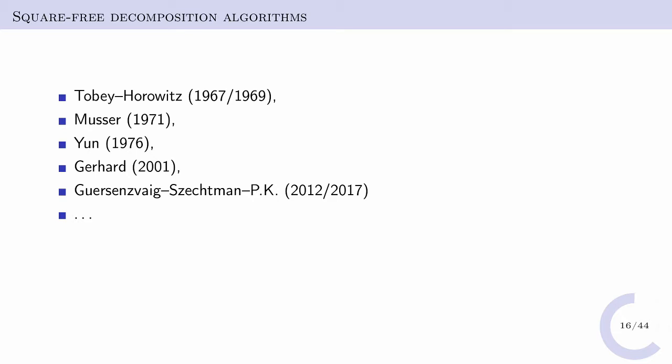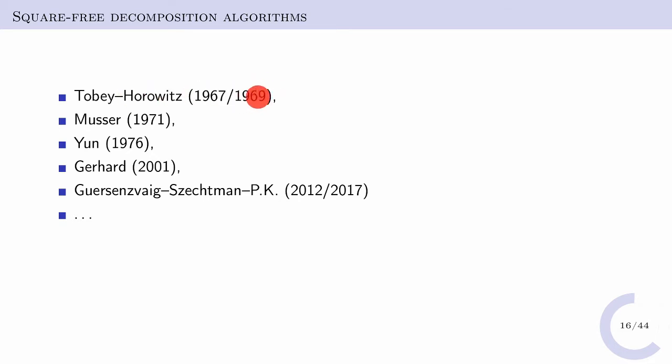There is a number of different algorithms for finding the square-free decomposition. The oldest one, the first one, is due to Tobey and Horowitz, and is over 50 years old. It was independently discovered by Tobey in 1967 in his PhD thesis, and by Horowitz in 1969 in his PhD thesis.